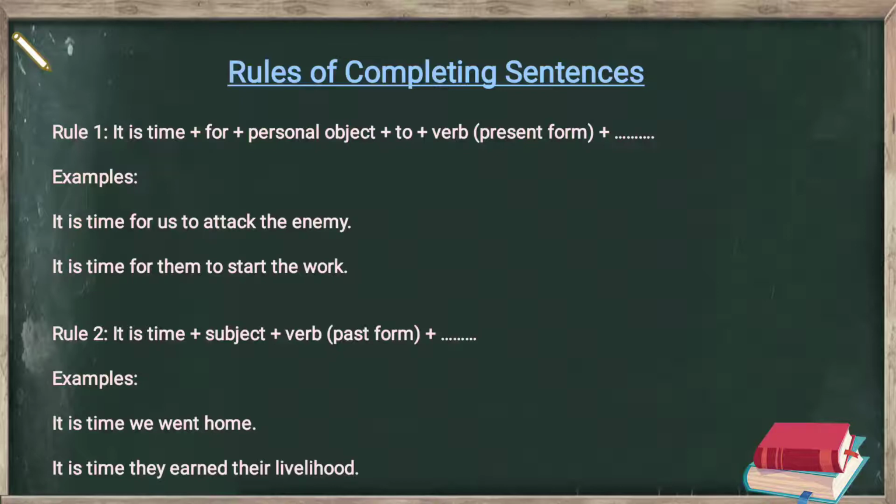If the sentence starts with "it is time for," then you have to use a personal object like "us," then "to," then the present form of the verb. It is time for us to attack the enemy, or it is time for them to start the work. Can you create any other sentence regarding this rule?